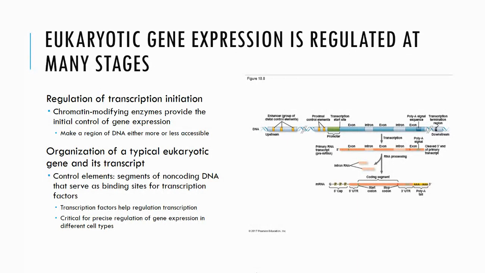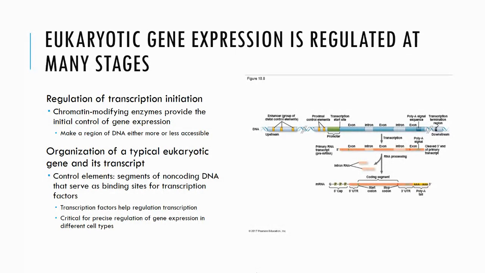And next, we'll look at the organization of a typical eukaryotic gene and its transcript, which you see in figure 18.8. So we've got an enhancer upstream, and then we've got the promoter, and then our introns and exons, followed by the poly A signal sequence in the termination region, and then we get our primary mRNA or pre-mRNA that is going to go through processing, and then we have our final mRNA transcript that will be able to go through translation.